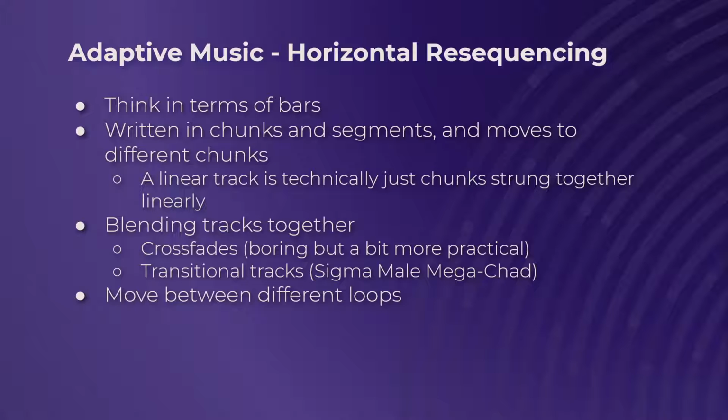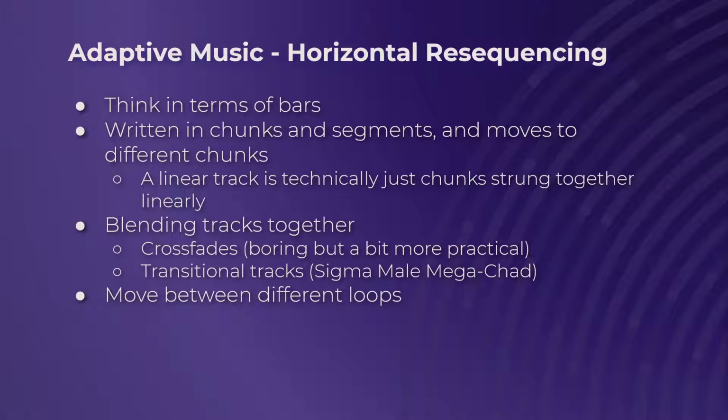So, a couple ways to do it. To resequence the track horizontally, you could blend tracks together using either crossfades, which is a bit more boring but a bit more practical, or transitional tracks, which is the big, powerful Sigma male Mega Chad way of doing it. I don't know why I wrote that.